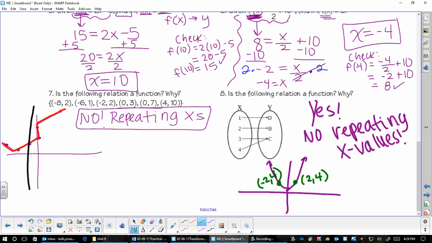Okay? These 2 points have the same y value, but they have different x's. And if I draw my vertical line again, like we just did a second ago, I notice this purple graph passes the vertical line test everywhere. So you can have repeating y's, you just cannot have repeating x values.